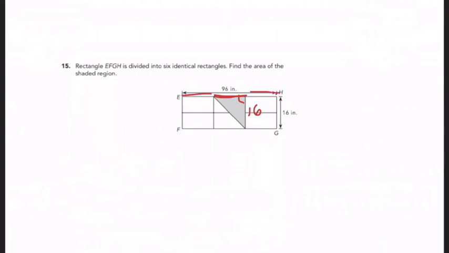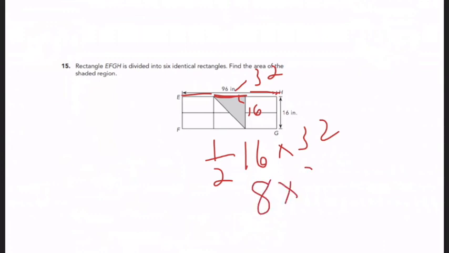So this would be 32. So it's 1/2 times 16 times 32. I'm going to take half of 16, so it's 8 times 32, which is 256 inches squared.